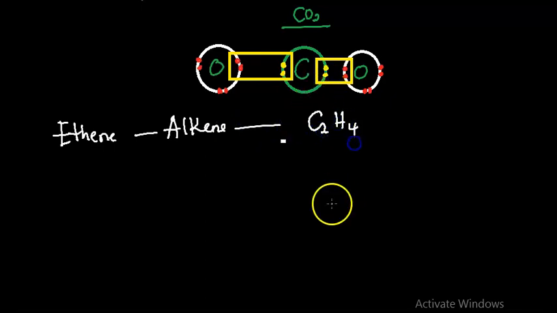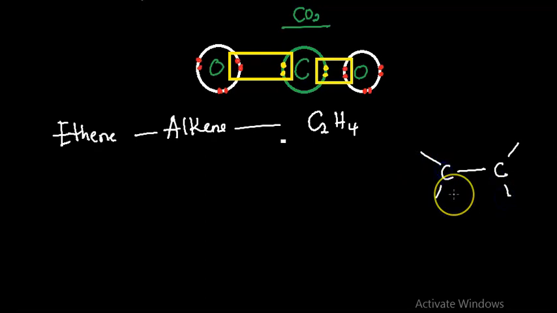This simply means we have carbon bonded to carbon saturated with 4 hydrogen. But in this case, since it's an alkene with the suffix ENE, we're going to have at least 1 double bond in between. So C2H4 simply means we have 2 carbon, 1, 2, and we have 4 hydrogen.